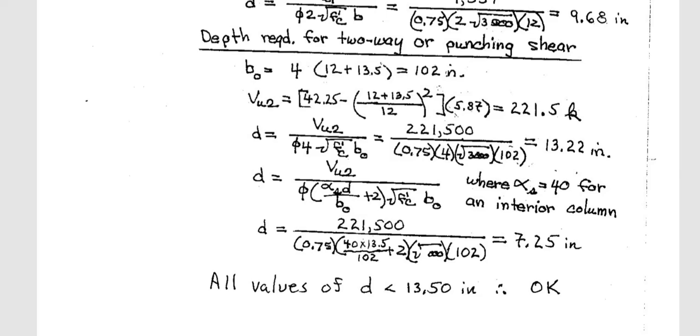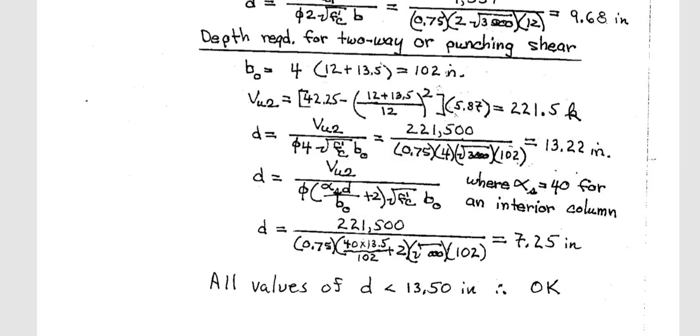So shear force in pound divided by 0.75 for f prime c b naught. In this equation we use b naught because this shear force is all around the perimeter. Make sure it is not b. b naught means the perimeter of the punched area. 102 we calculated here.